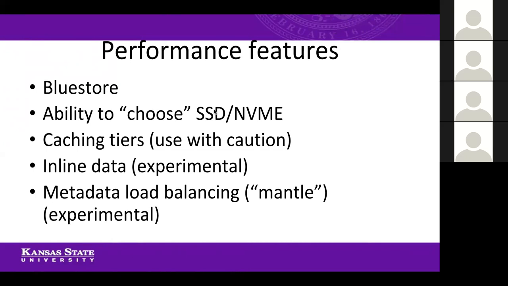BlueStore talks directly to the disk itself, so it's a straight file system directly on the actual disk, as opposed to being on a partition on another sort of file system.